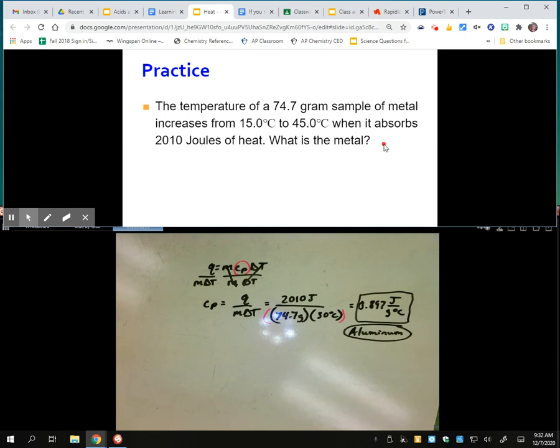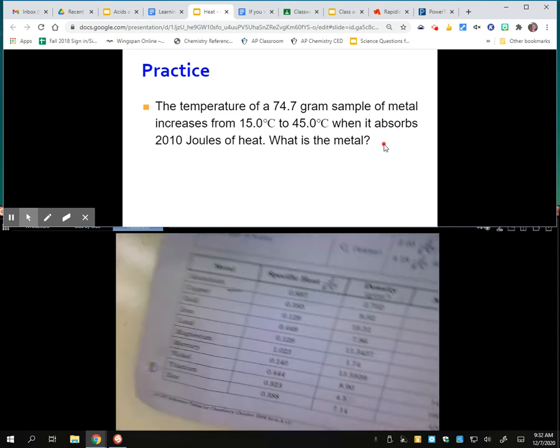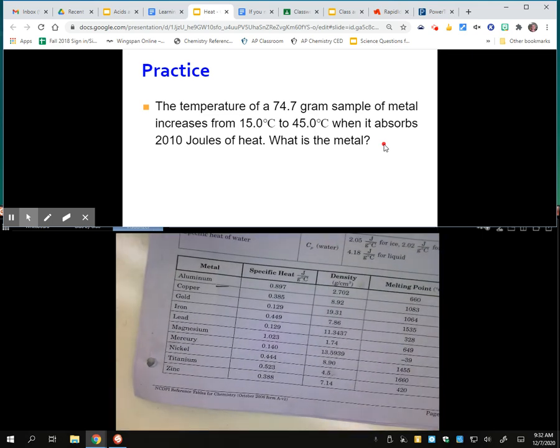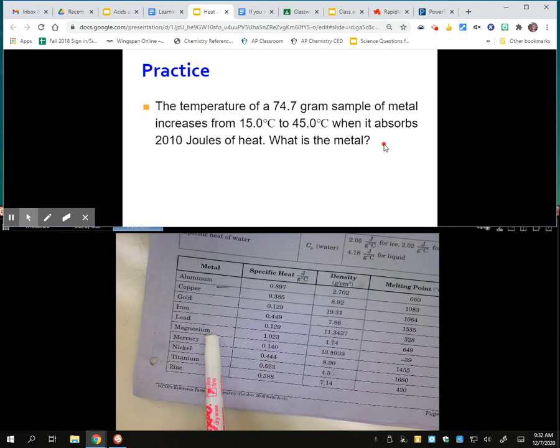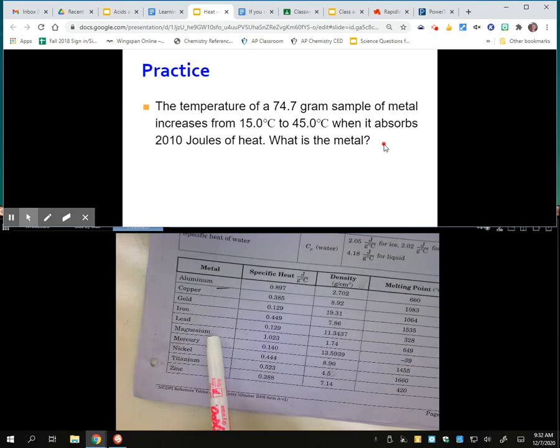So that's an easy way to figure out what a particular substance is using specific heat. I can use my reference tables like that when I am trying to figure out what a particular metal is. Or let's say I have a problem and I know that it's a particular substance, like magnesium, and a 74.7 gram sample of magnesium changes temperature from 15 to 45 degrees C. How much heat?